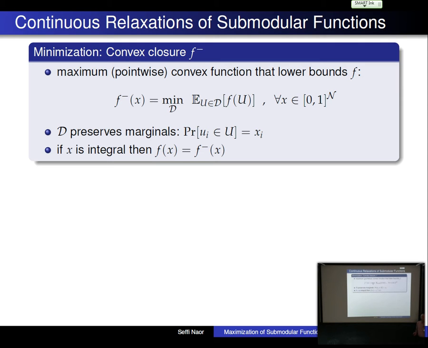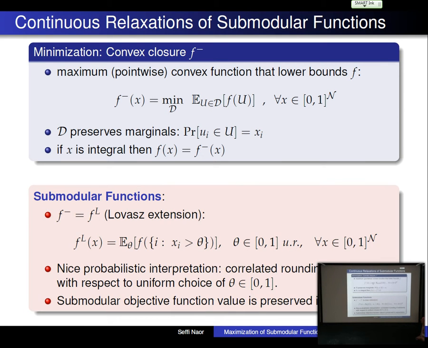A relaxation has to tell us what is the value of the extension of the submodular function on this fractional point. The requirement from the distribution is that marginals are preserved, and the extension agrees with the original submodular function on the integral points. Now, it turns out that this is true for any set function f.